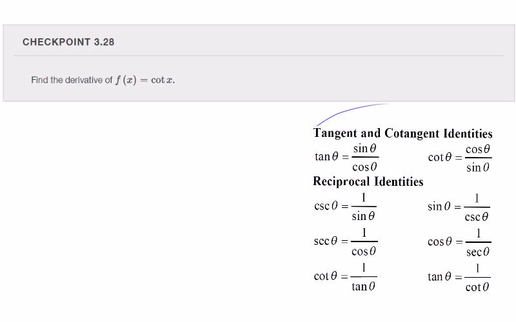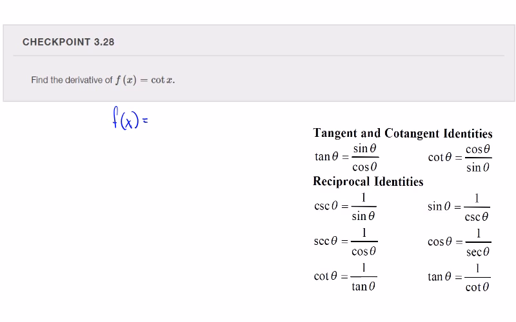So look on your trig cheat sheet and rewrite f of x in terms of sine and cosine, because we know the derivatives of sine and cosine, right? You could actually also go with this, since we know tangent now. You can use the reciprocal identity and just do 1 over tangent and then do the quotient rule with that. But let's go in terms of sine and cosine, since that's what we're a little more familiar with. Okay, so write that out.